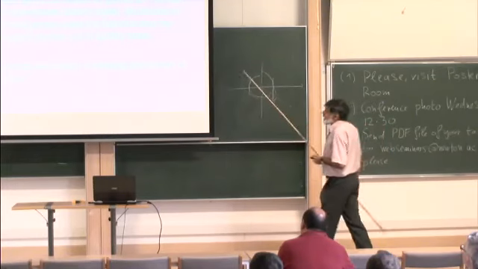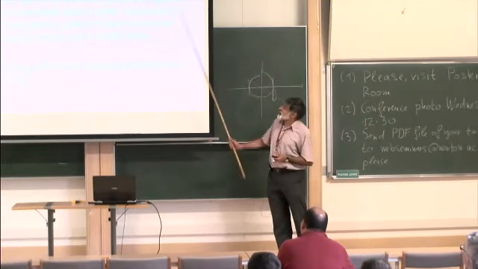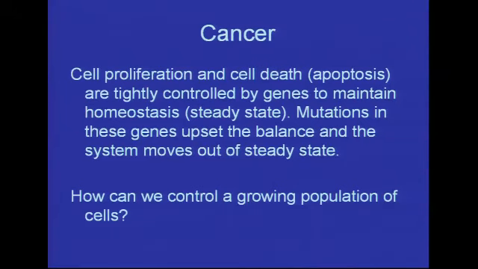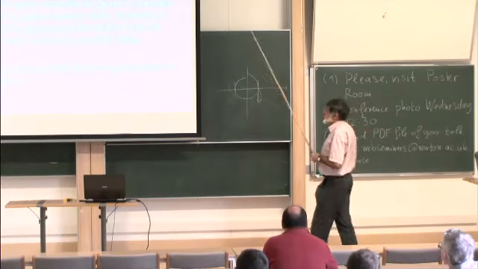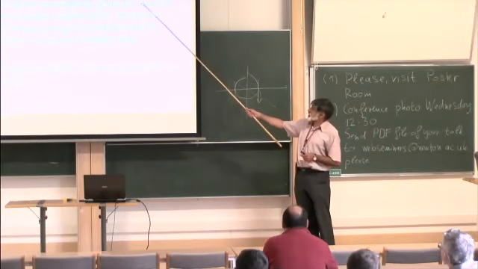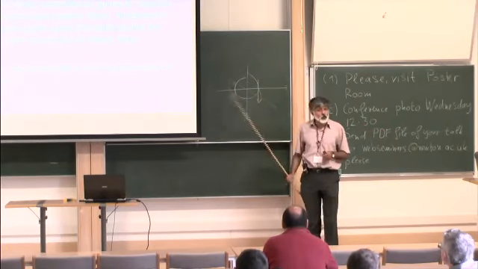Okay, so very, very naively speaking, the body is set up such that it controls cells very well. If cells need to divide, they get a signal to divide. If they're not to divide, they get a signal that basically says don't divide. If there are too many cells, they get a signal that says to kill yourself, and this is called apoptosis, cell suicide.